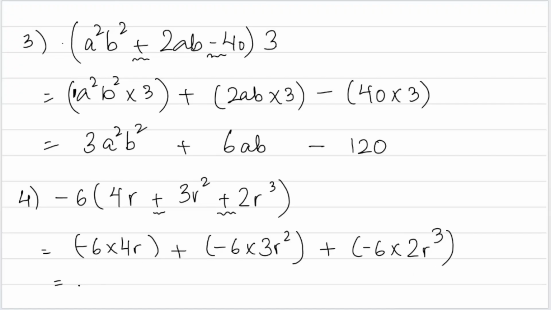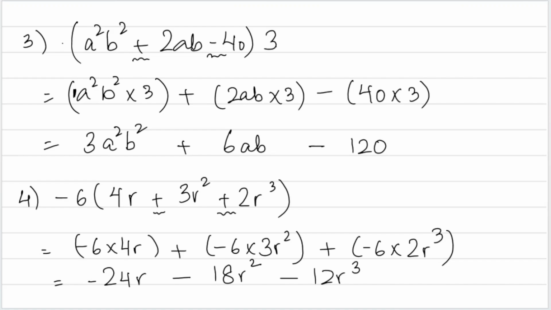Minus 6 times 4 is minus 24r, plus and minus is minus, 6 times 3, 18r square, plus and minus, 6 times 2, 12r cube.